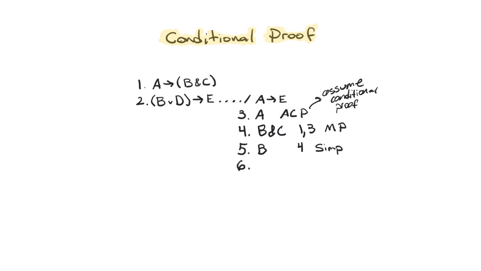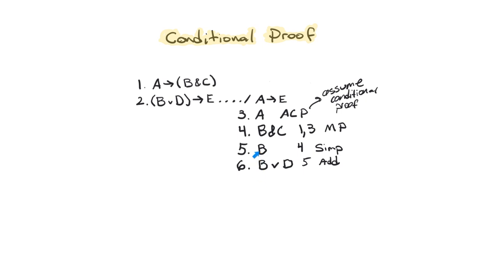Now, line 6, what can we do? Line 6 is going to use the addition rule, which says that for any claim that's a disjunction, as long as we know that one of those disjuncts is true, we can add anything to it, and that whole statement is going to be true because you only need one side of a disjunction to be true.